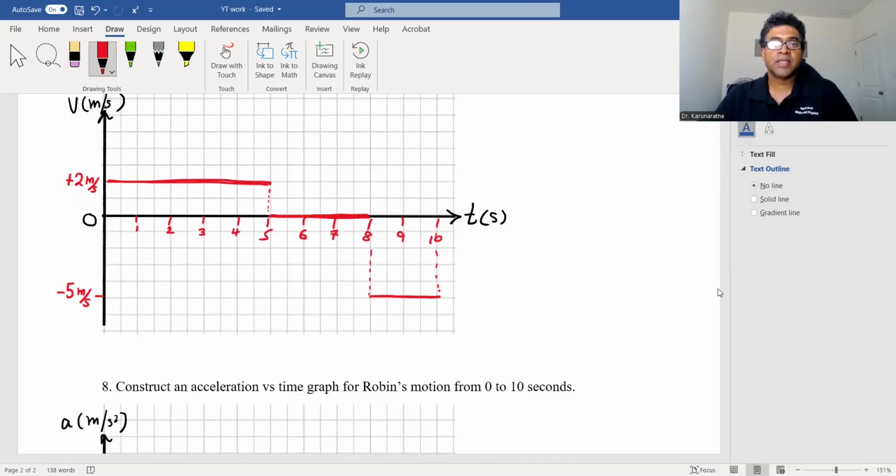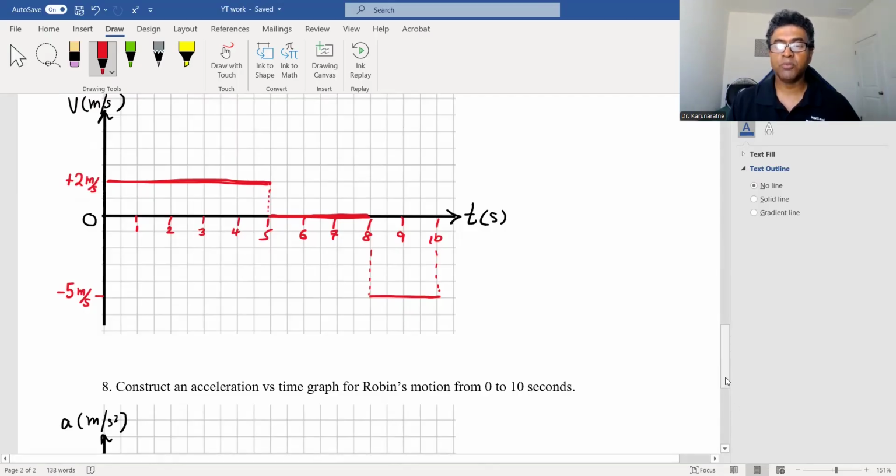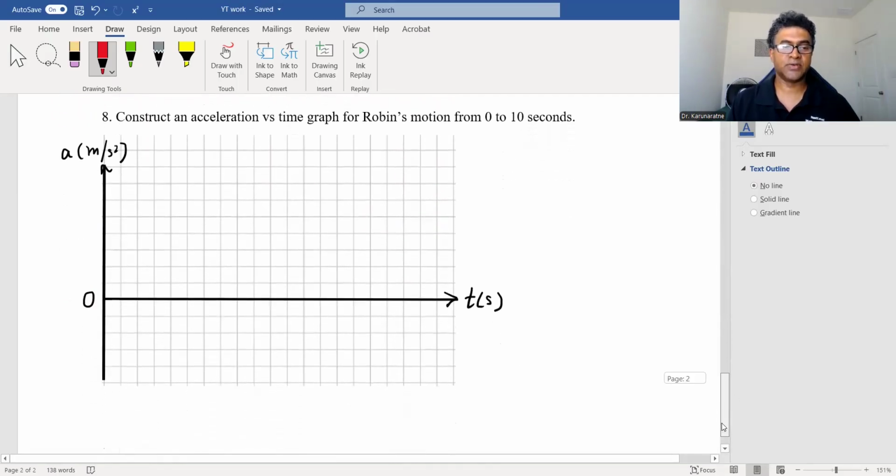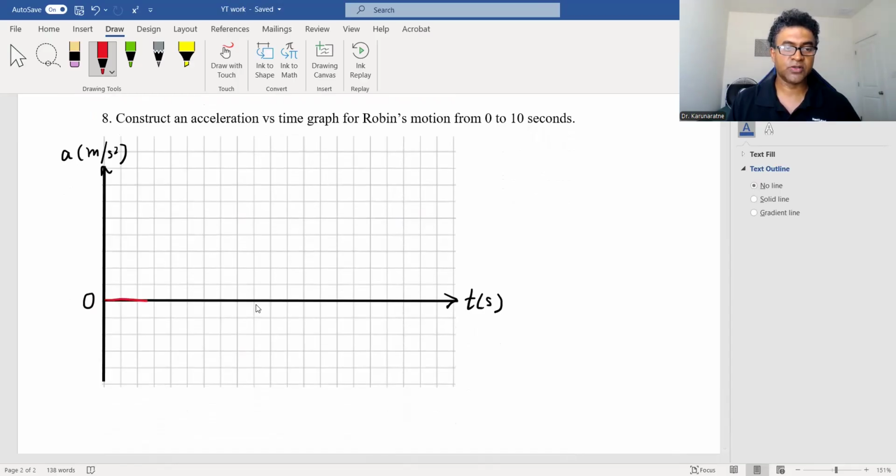You can see we have 2 intervals where the object is moving with a constant velocity. There's no change in the velocity. And then there's one section where there's 0 velocity. So the object has no acceleration for the entire duration.